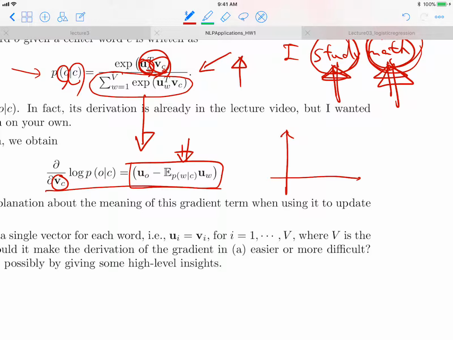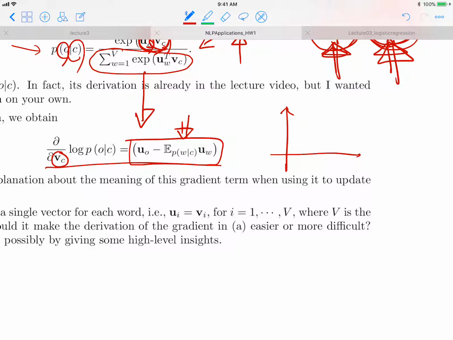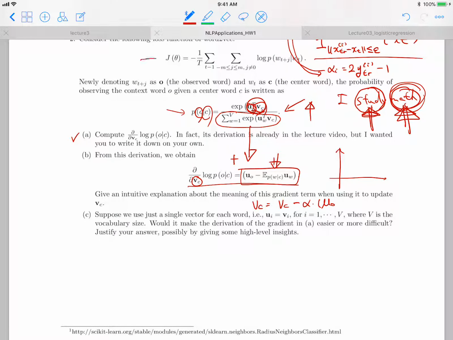We will typically use gradient descent. What will be our gradient descent step? VC will be VC minus some step size times UO. No, it should be gradient ascent, because this is the loss function, the negative log likelihood, since we wanted to minimize it.